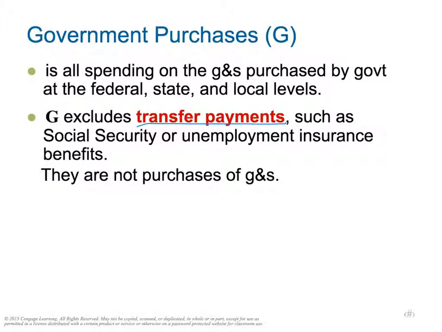So examples of that would be Social Security, unemployment, aid to dependent families and children. All of those would be transfer payments, and we do not include those in government purchases because there's not a corresponding input on the household side that would account for those government purchases. So those are not included in GDP.